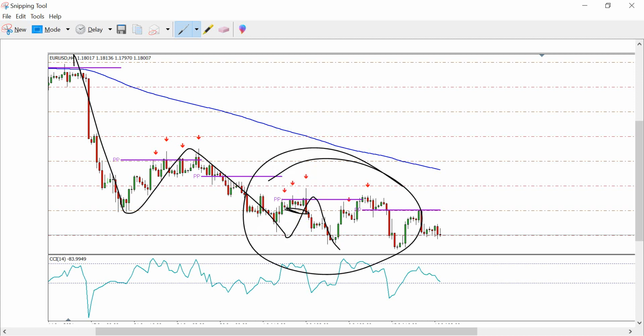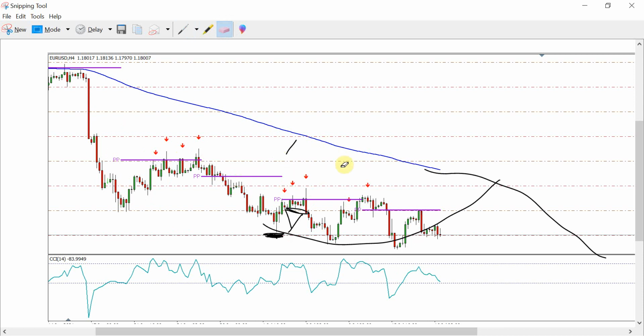And as you can see here, the aggressiveness of this leg is less, this leg is less aggressive as well. Even though we got to the lows of these levels here, we are still quite far away from the moving average, and we know that price likes to get to its moving average as time goes on.